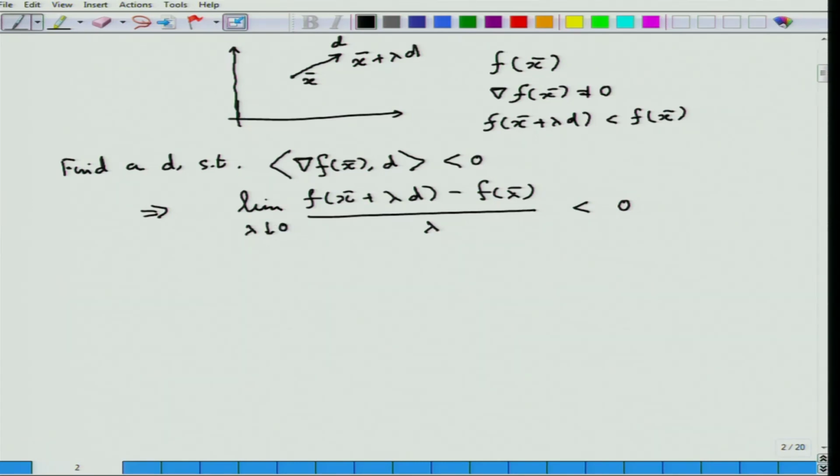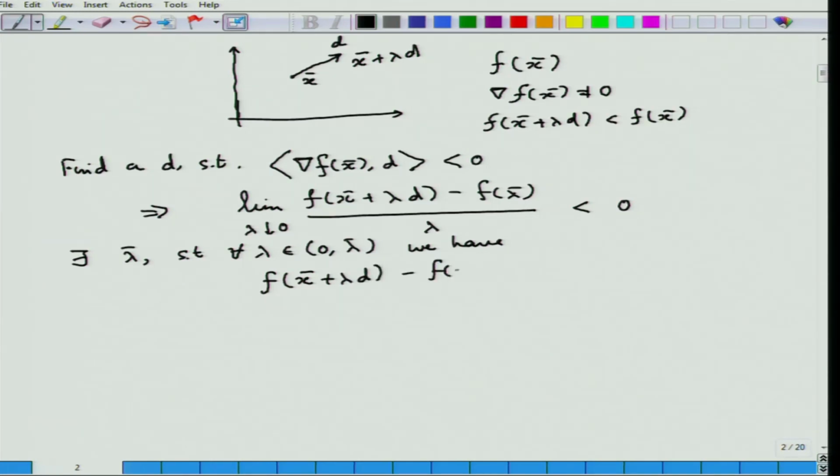By the very definition of a limit, there would exist lambda bar such that for all lambda between 0 and lambda bar, with both not included, f of x bar plus lambda d minus f of x bar by lambda is strictly less than 0.